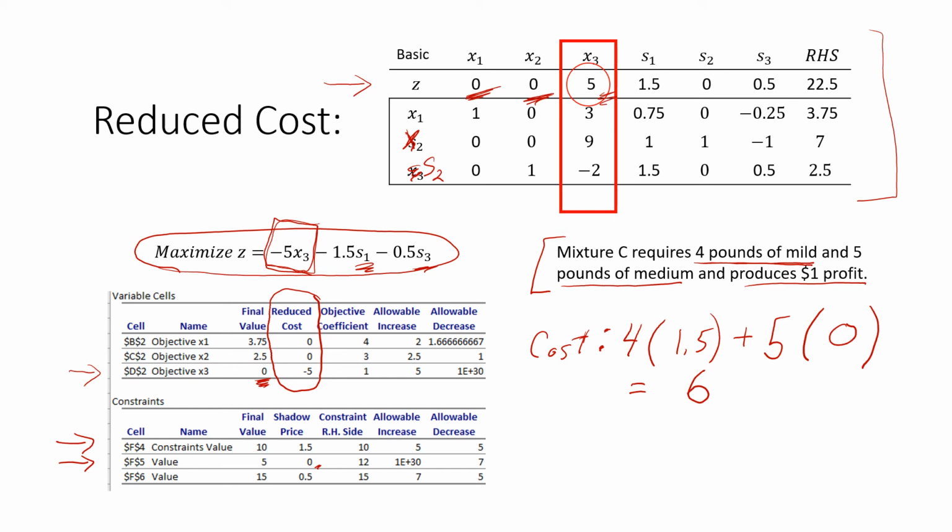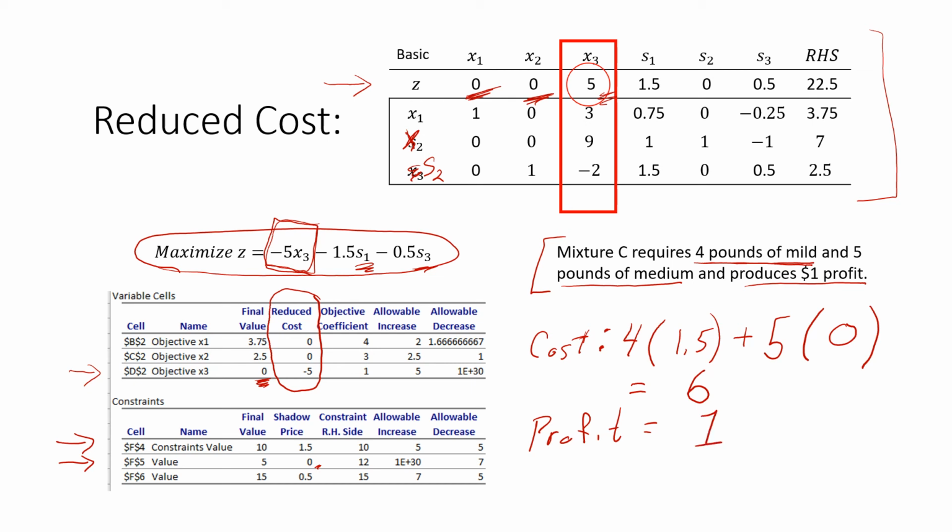Increasing, every unit of increase there's a penalty of $6 that you pay. What is the profit? Well, our problem says that every unit of this produces a profit of $1.